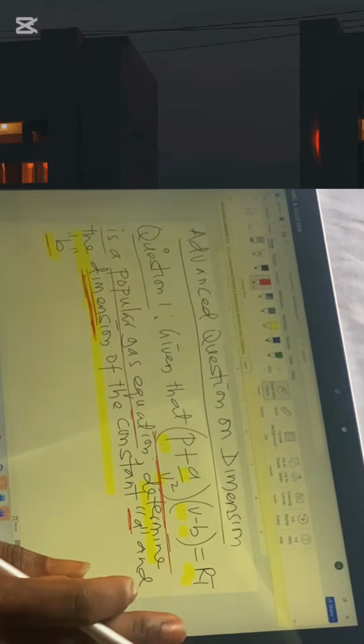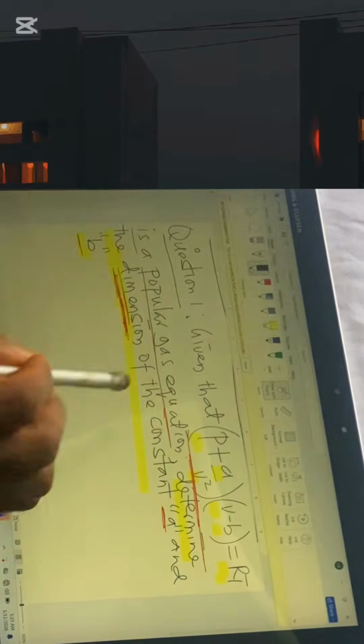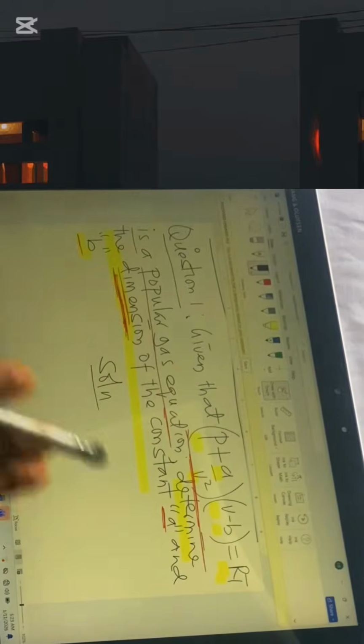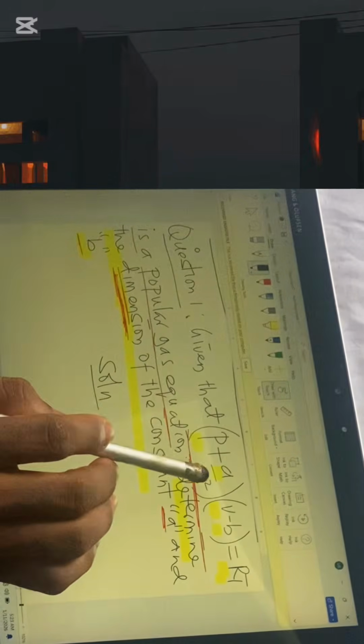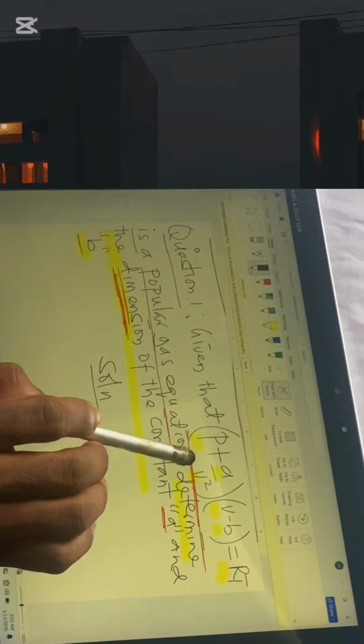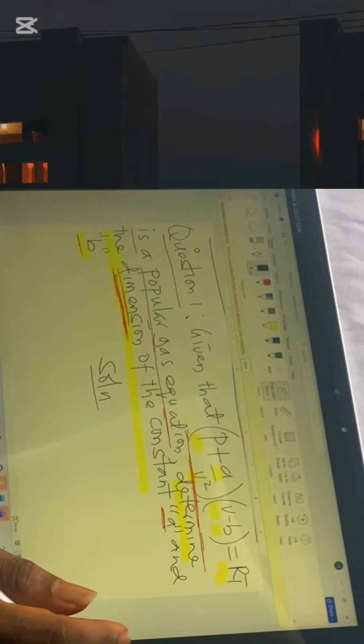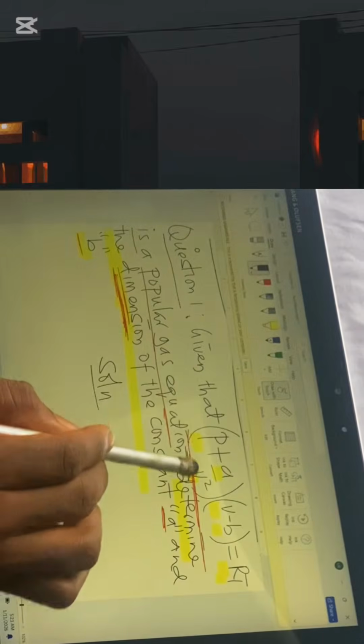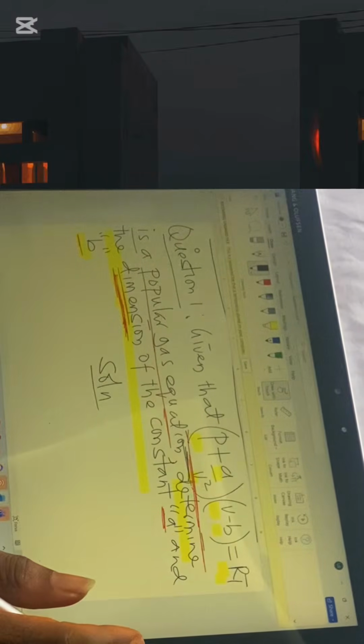Now let's solve this first to understand the explanation, okay? Solution first. Class, for me to solve this particular question, I will use comparison. So I will compare this with the standard equation of the ideal gas law.